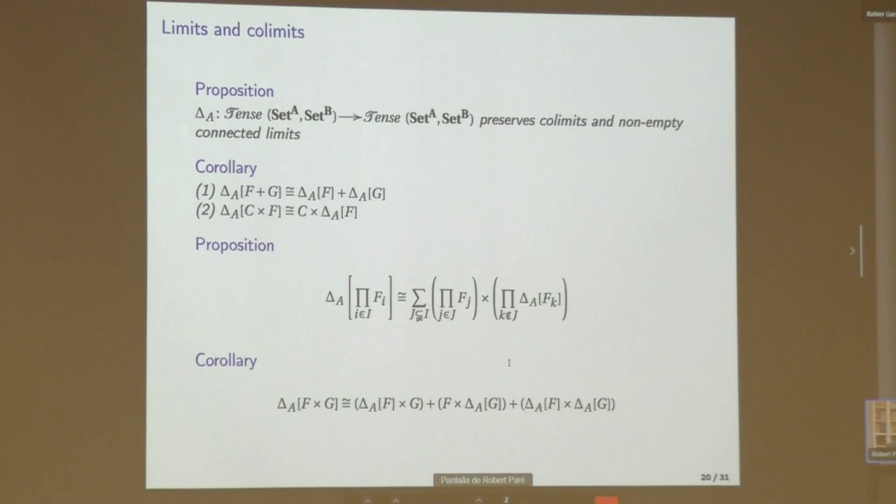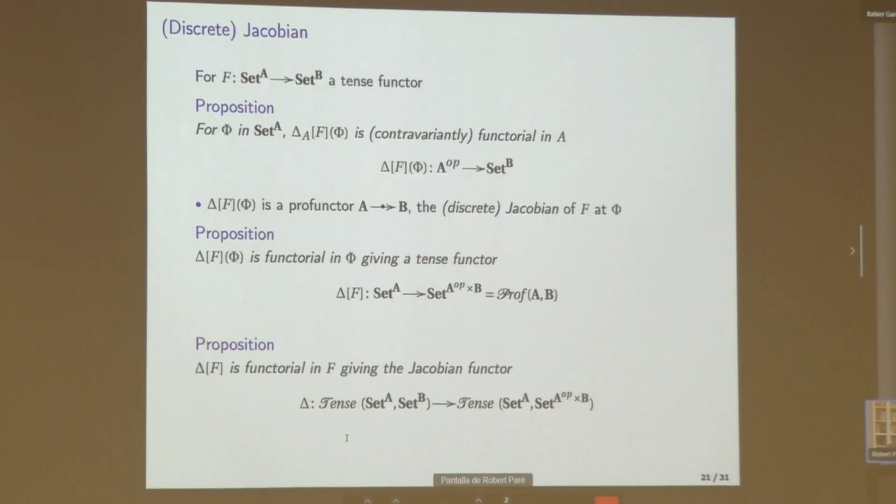Okay, it's the same as before, and so in particular, you have the addition formula and also multiplying by a constant, and you have this generalized product rule, and the special case then is simply the same as for top functors.